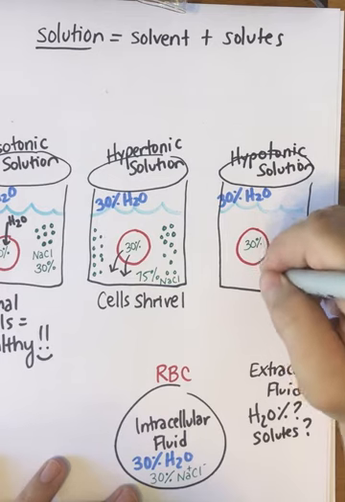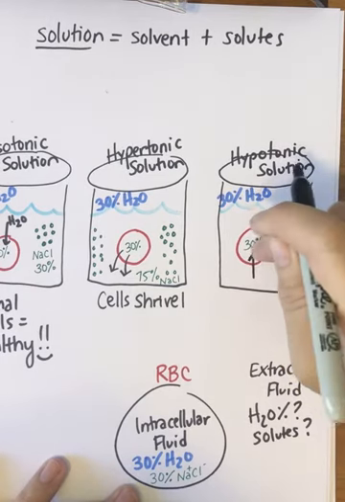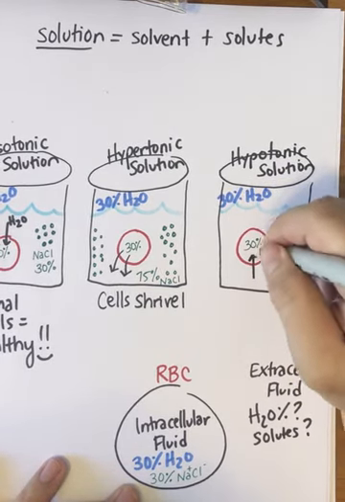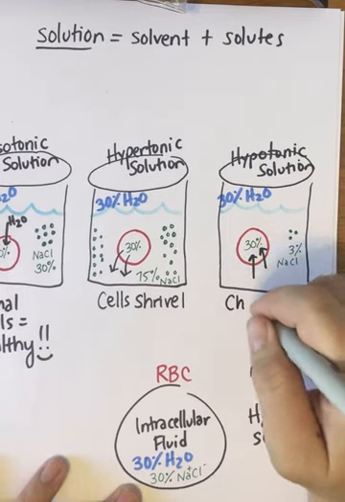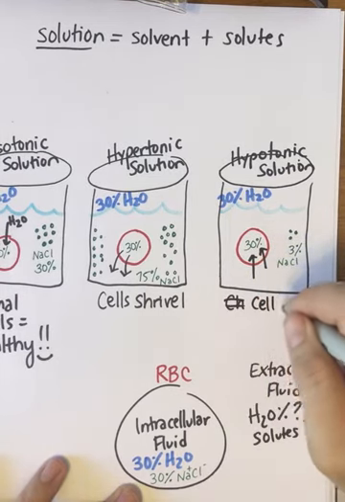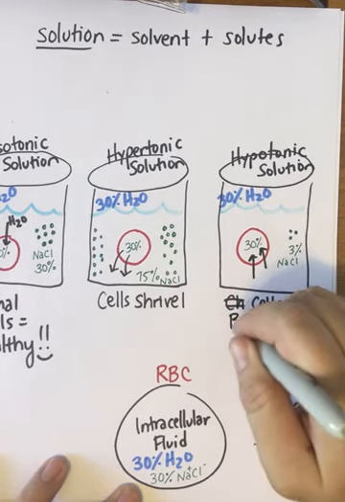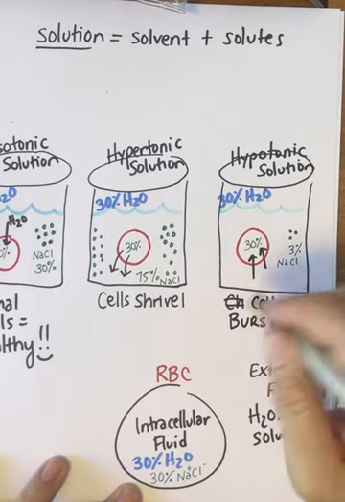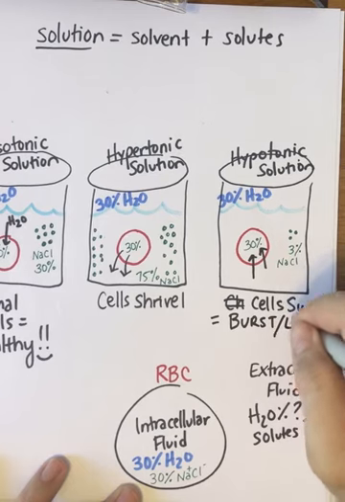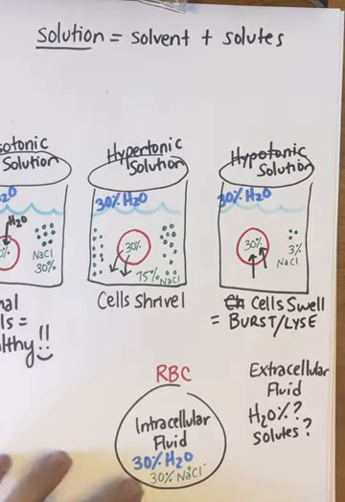Water will want to move to the inside because there's more solutes towards the inside. Now, for these cells, they are going to first swell and eventually they will burst. Another word for burst is lyse, which means to break open. So literally it will pop open because it's overfilling with water.